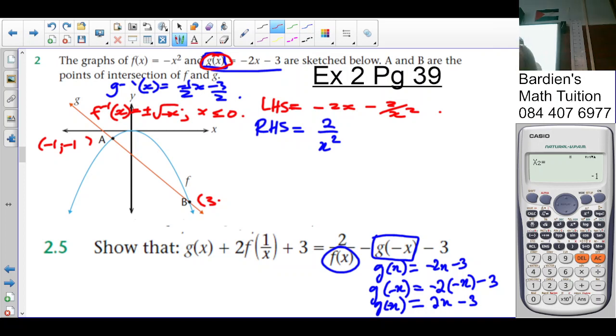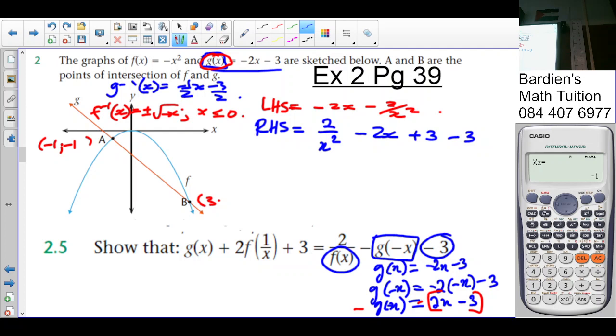What if we put a negative in front of that? Then that will simply be minus 2x plus 3. Not so? And then minus 3. I feel like I made a mistake somewhere.